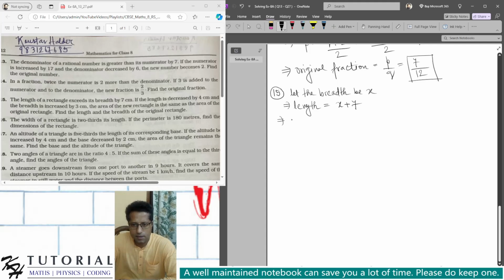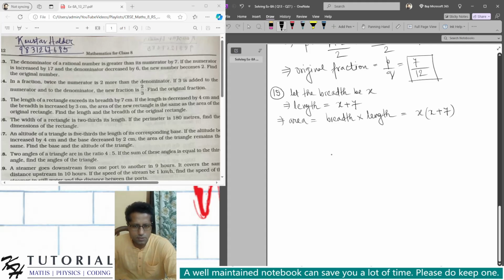This implies area of the rectangle will be breadth multiplied by length, which will be equal to x multiplied by x plus 7. Okay, so this is the original area of the rectangle.